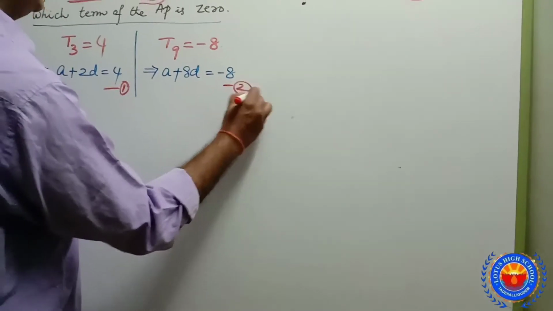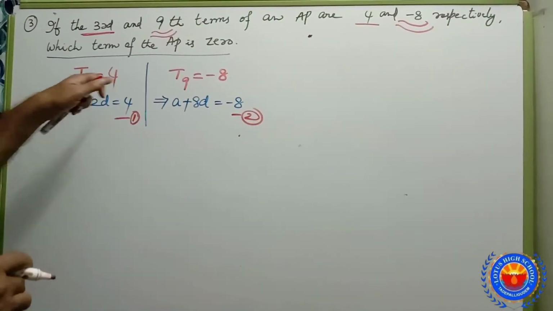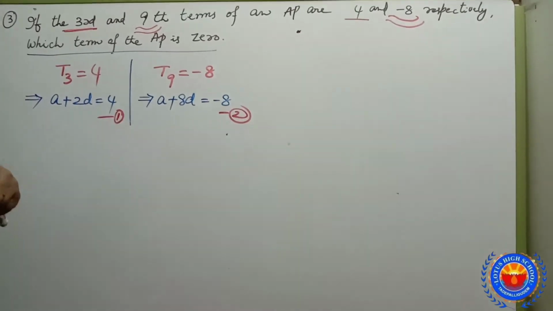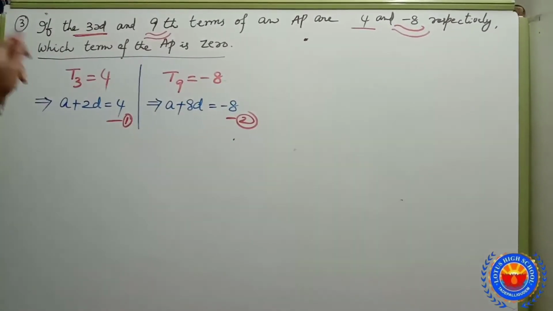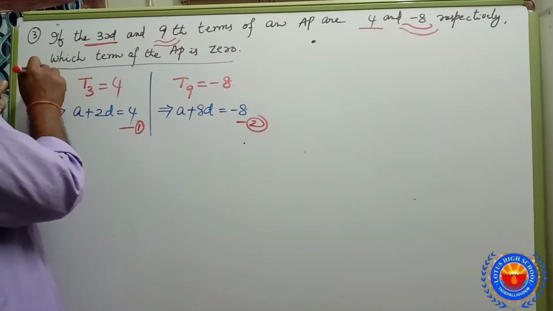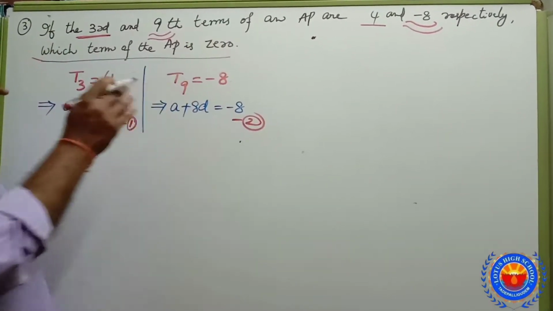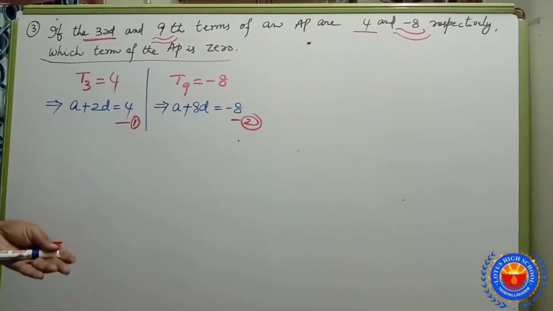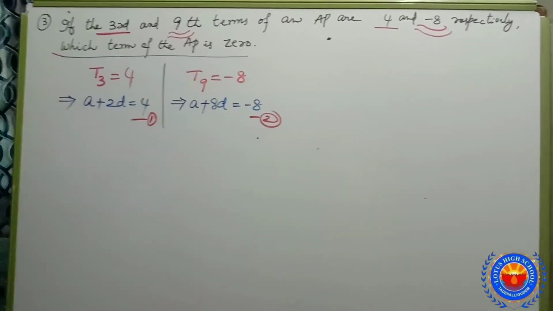They are not asking to find the third or ninth term, nor the 17th term. It is different: which term of the AP is 0. So we must know A and D.